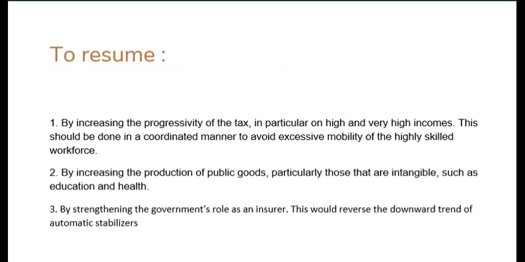Also, by increasing the production of public goods, particularly intangible ones such as education and health, and finally by strengthening the government's role as an insurer. This would reverse the downward trend of automatic stabilizers.